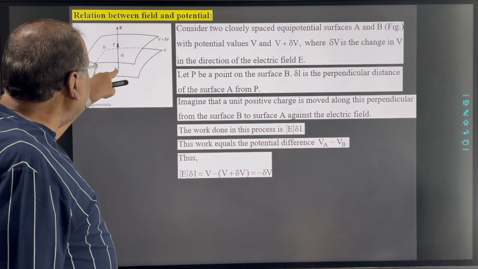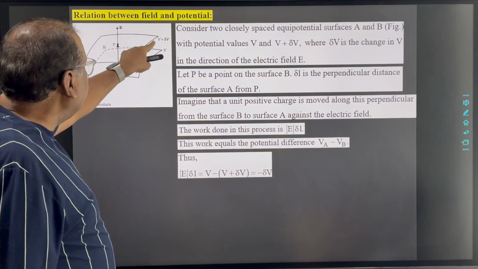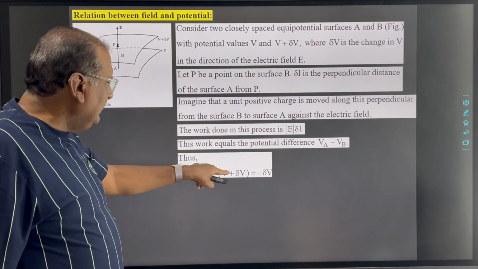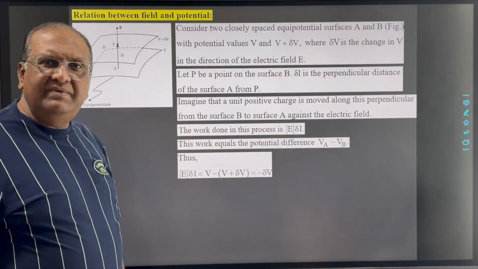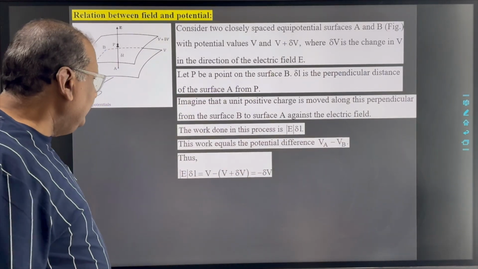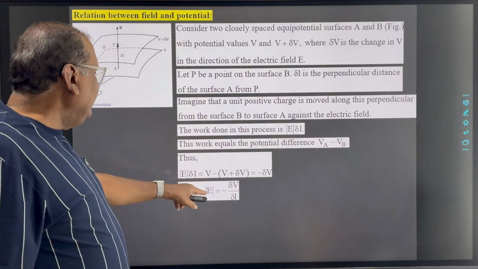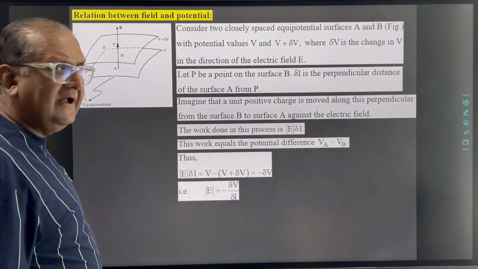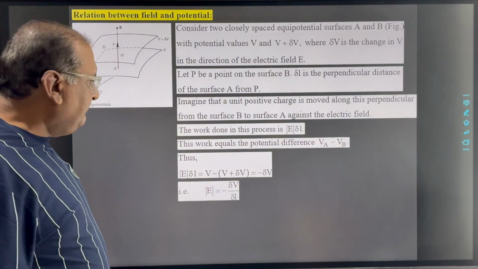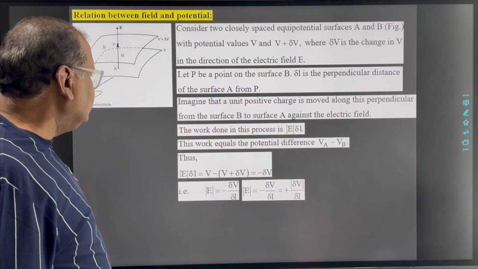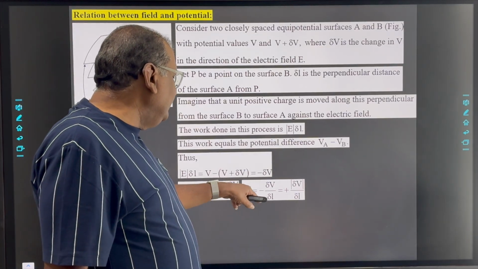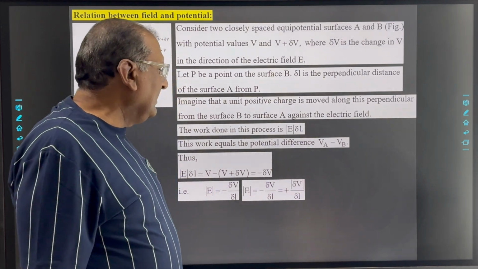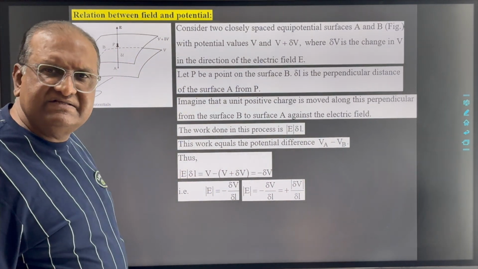The potential on A is V, on B it is V plus delta V. So we can write V minus (V plus delta V), so it will be minus delta V. So here we can write E equal to minus delta V by delta L. If you take only the magnitude, then you can write E as delta V upon delta L simply.